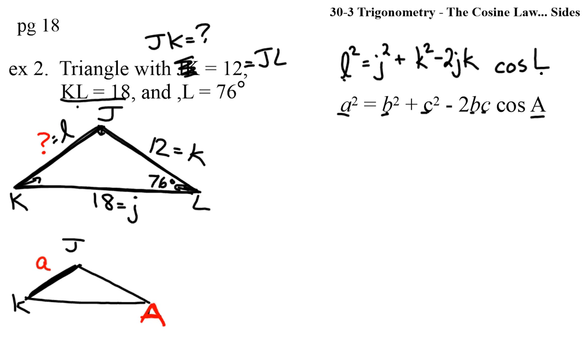Well, we know that our formula uses B and C, so I'm going to go B and I'm going to go C. Now I can put lengths in here, just copy. This was length of 12. This was a length of 18. This was 76 to find A. So I can just relabel it if that helps.